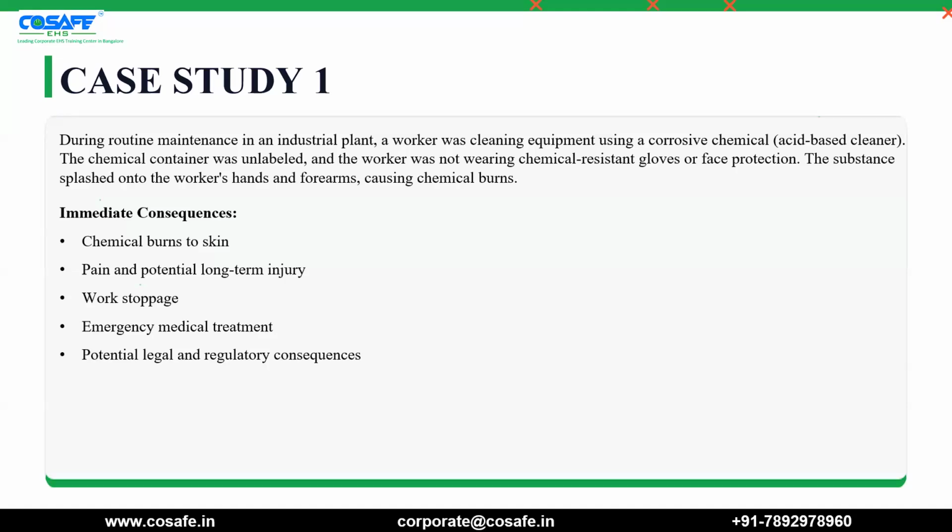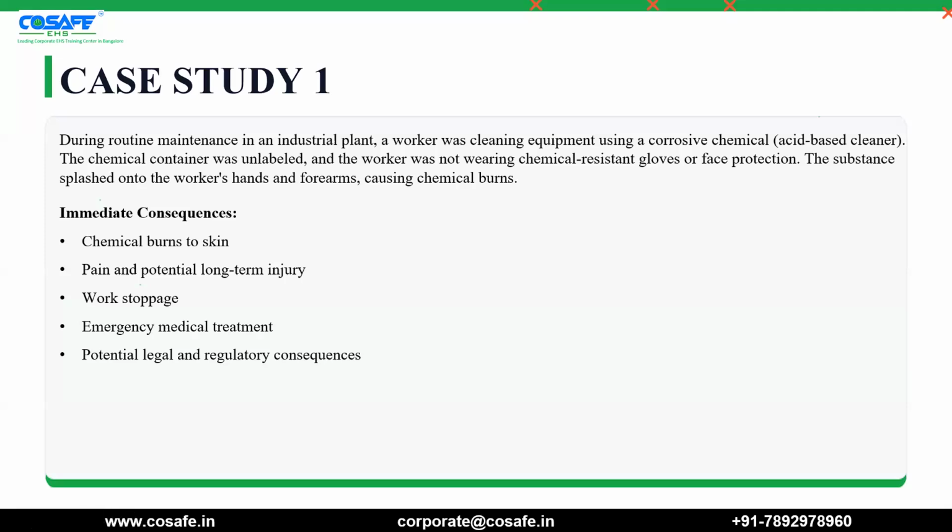Let's see the immediate consequences. As soon as a corrosive substance comes in contact with your skin, it causes chemical burns, then pain and potential long-term injury, then work stoppage. Whenever there is an incident or accident, there is a stoppage of productivity.